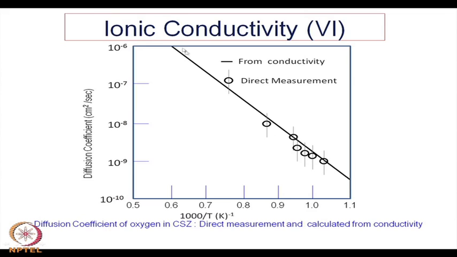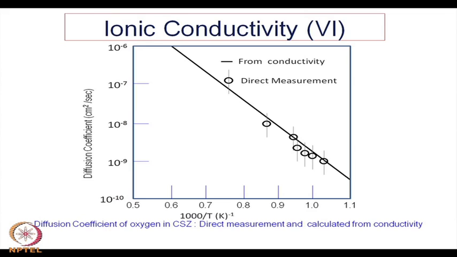So, this solid line has been plotted based on the conductivity data, whereas these experimental points have been measured by direct measurement of the diffusion coefficient without application of an electric field. So, by a concentration gradient one can measure the diffusion.